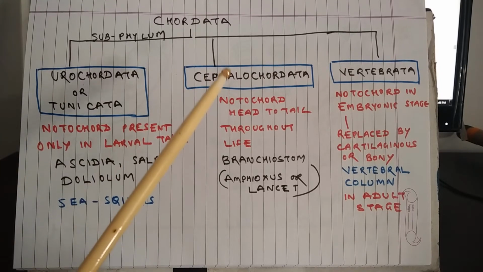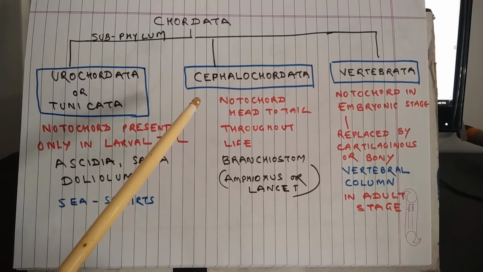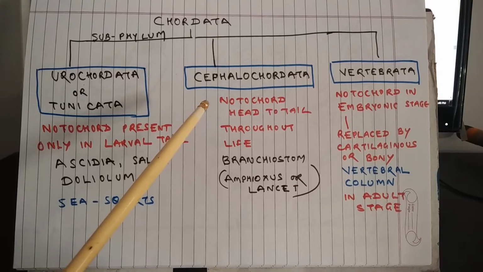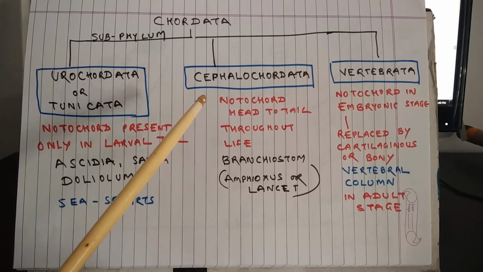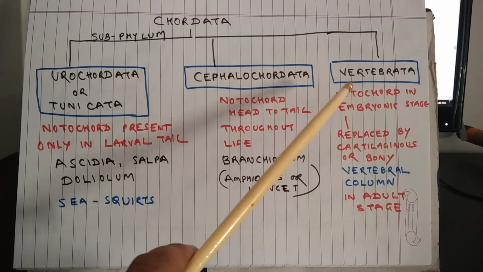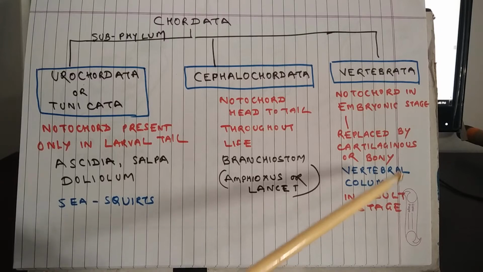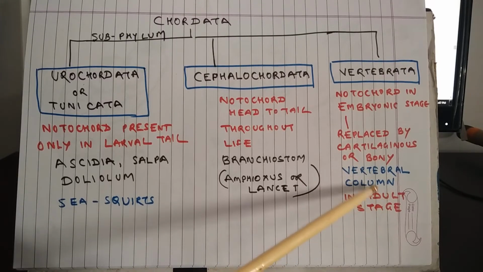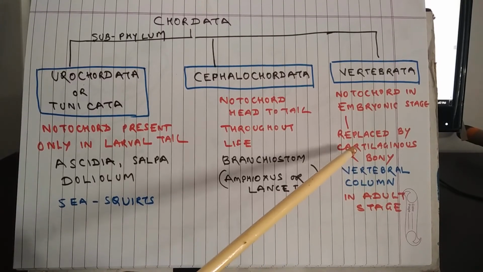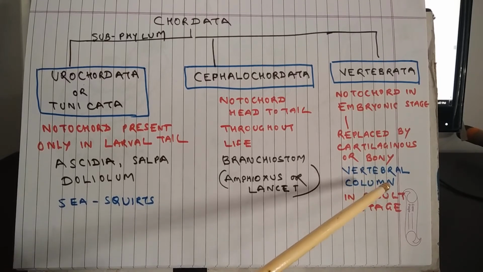In Cephalochordata, notochord is present from head to tail and it persists throughout life. In case of Vertebrata, notochord is present in the embryonic stage only and in the adult stage, it is replaced by a vertebral column which can be made of cartilage or of bones.